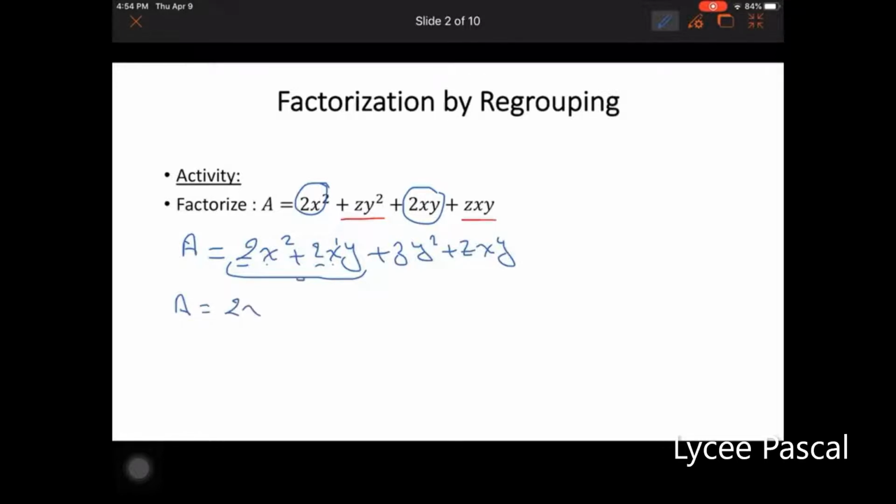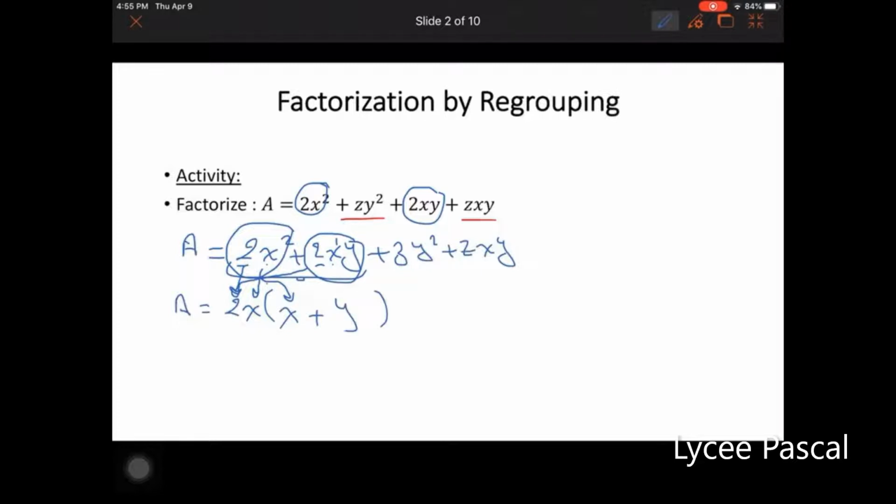Okay, we open our parentheses. From 2x squared, the remainder, the number 2 is gone, and from x squared we take x, so the remainder is only x, plus, and from the second term the number 2 is gone, and the x is gone too, so the remainder from the second term is y.